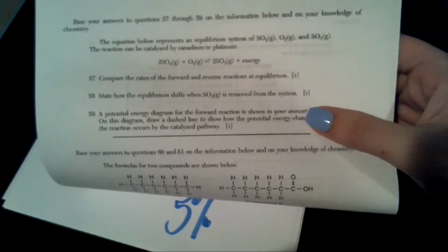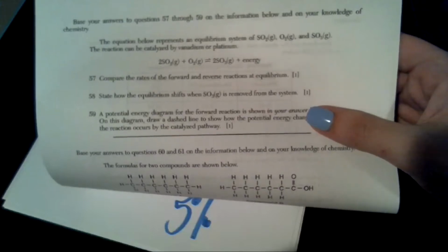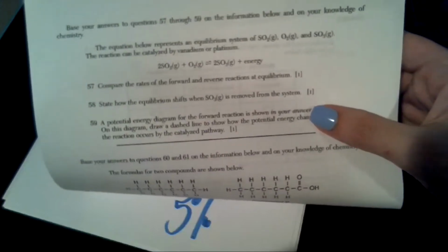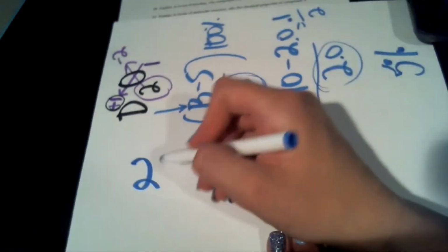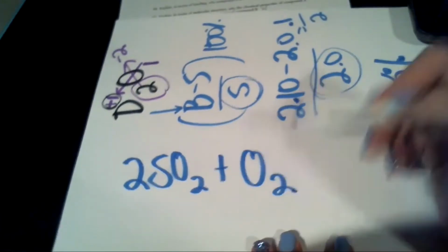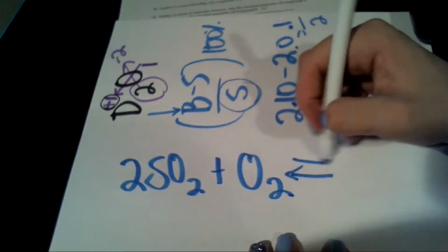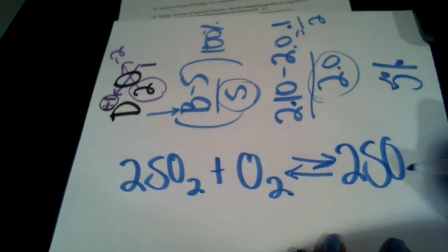58, state how the equilibrium shifts when SO3 is removed from the system. So this is our beautiful Le Chatelier's principle, where we have our equation 2SO2 and O2 becoming 2SO3.